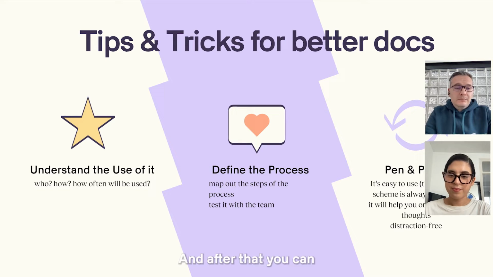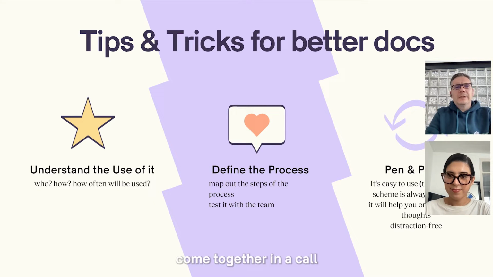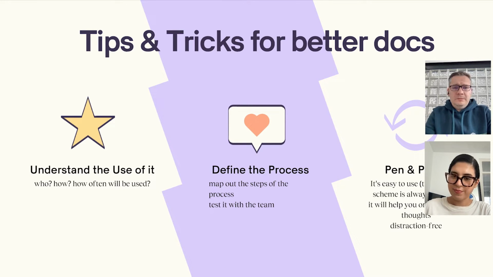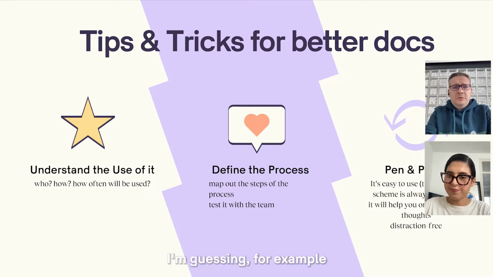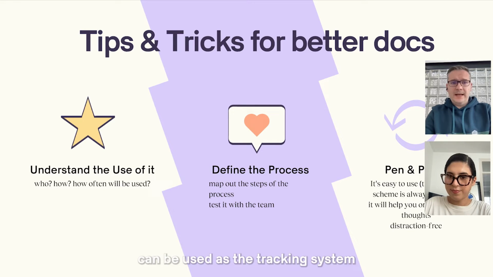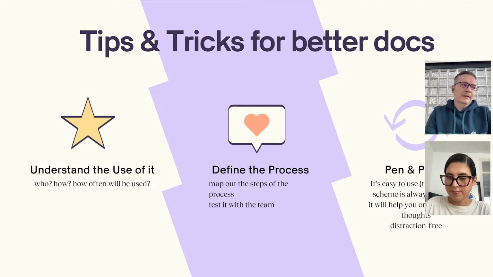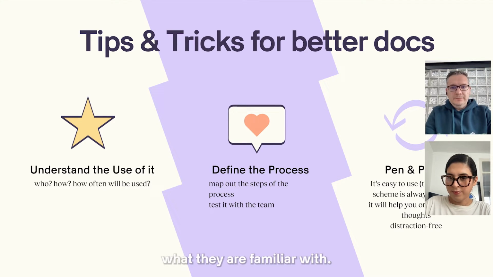And after that, you can come together in a call and put everything in one final document, like Notion or Coda or Asana or something that can be used for this. I'm guessing, for example, Google Sheets can be used as a tracking system. It depends on what your team is using and what they are familiar with.